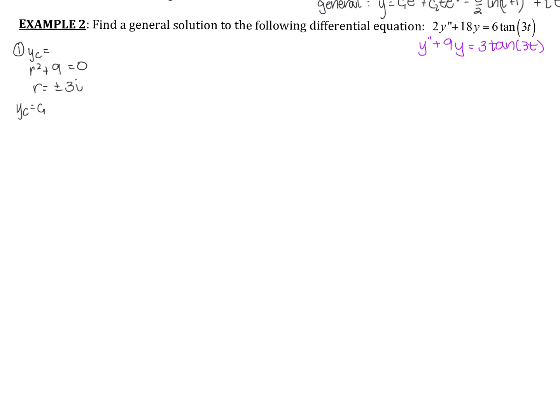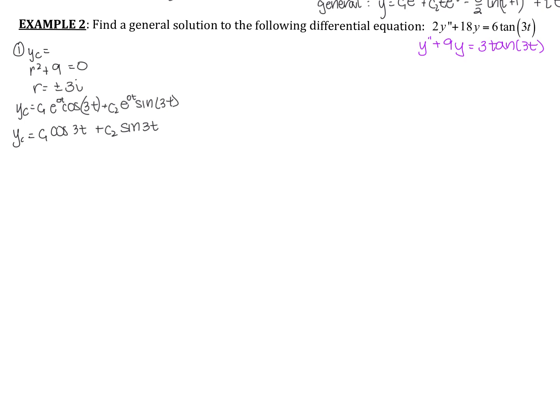My alpha here is 0, so I don't have an e to the alpha t. It would be e to the 0t cosine 3t plus C2 e to the 0t sine 3t. But I don't have to worry about that, so we're just going to put our complementary solution to be C1 cosine 3t plus C2 sine 3t.